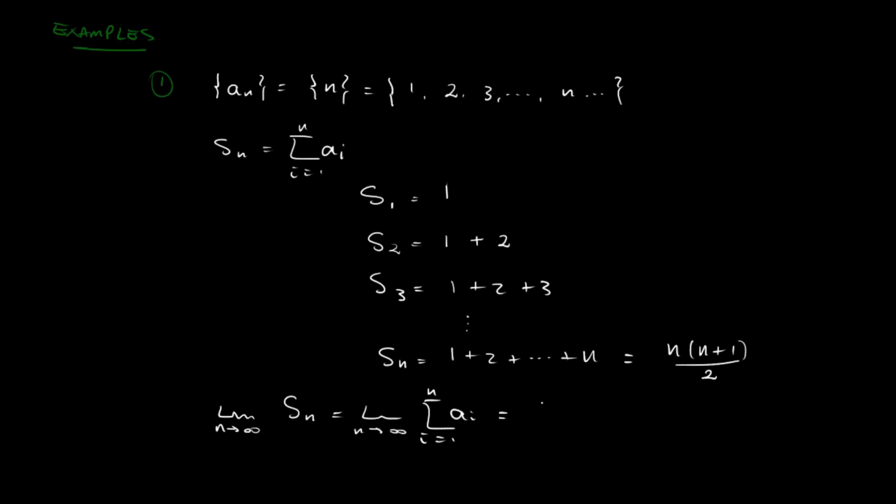And we know using things we learned with sequences that this limit is infinite. So then s of n diverges.